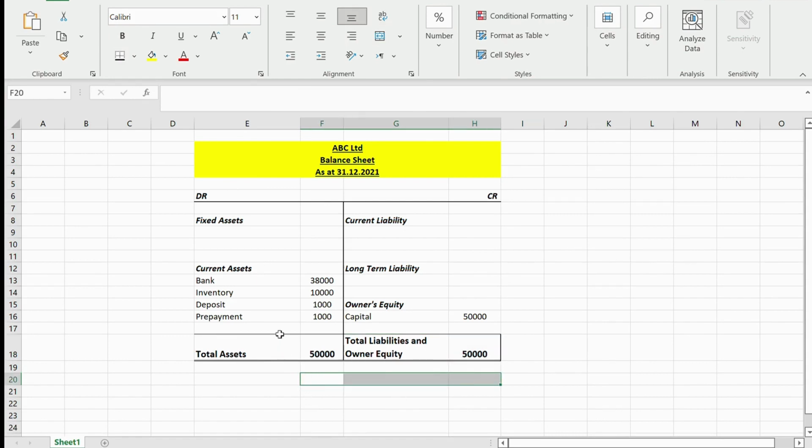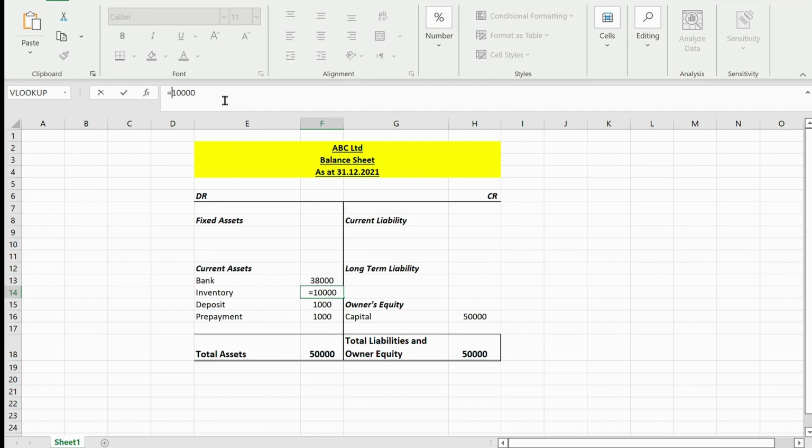Now let's say the owner decided to get more inventory for 10,000 euros, but this time the owner did not pay with cash. So let's see what happens in that situation. The owner already has 10,000 worth of inventory, and has added another 10,000 worth of inventory, but did not pay from their bank.